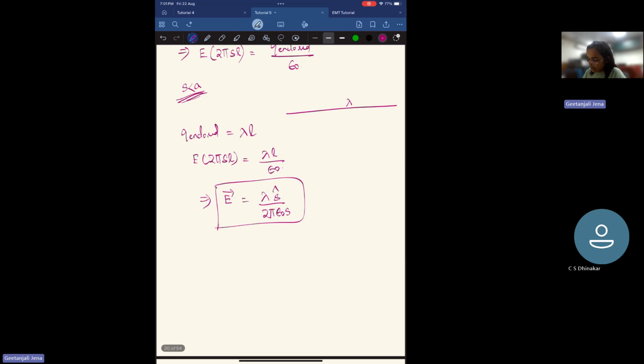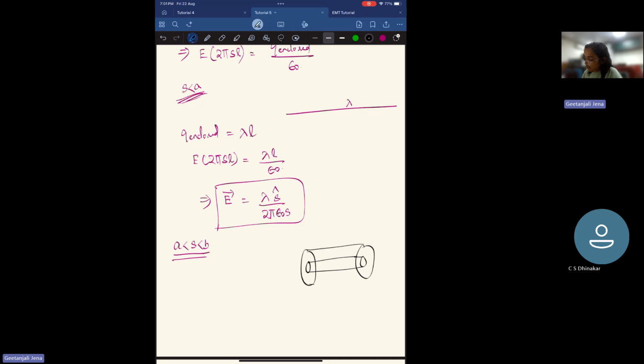Now we'll see the in-between region, when S is lying between A and B. For this situation, we have both the line charge density as well as the volume charge density. You can see here the space between this cylinder is filled with volume charge density rho equal to K S square. There is a line charge density lambda here. Let us say we are considering a distance S. The Gaussian surface is the same.